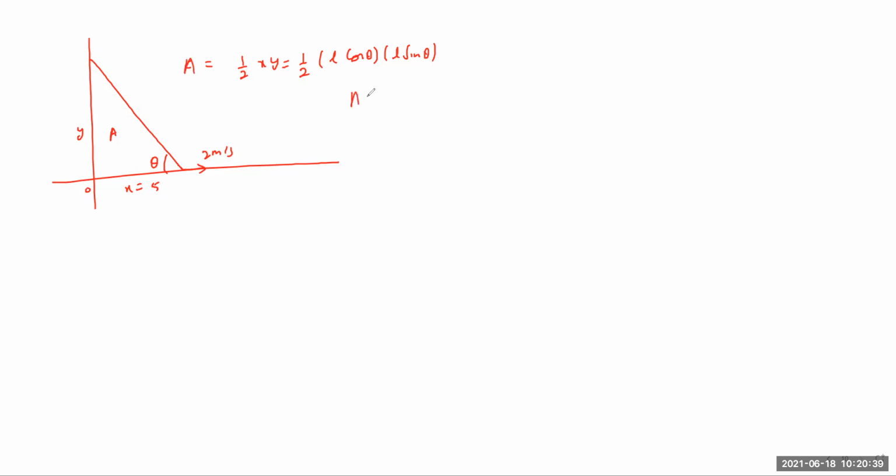So the area eventually is L square by 2 sin theta cos theta, which becomes L square by 4 sin 2 theta. So now I have reduced the variables to only one variable, theta.